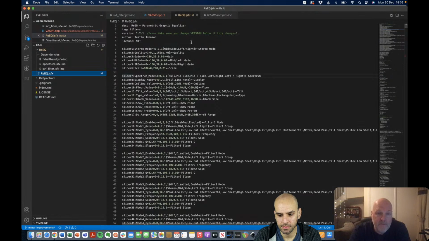And I really took it from there. Obviously the first filters that I came across were the RBJ cookbook biquads, because they're the most common and prevalent ones.